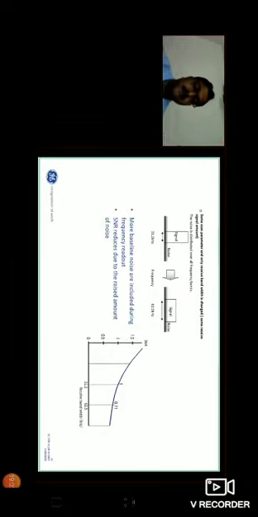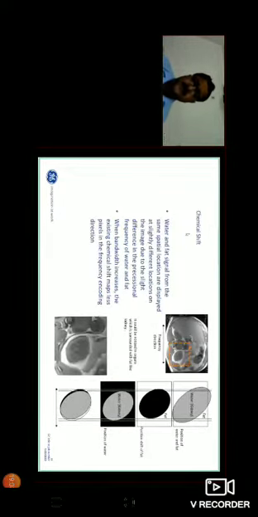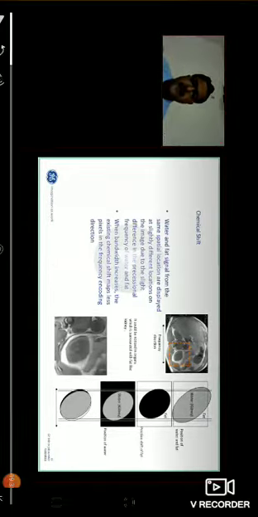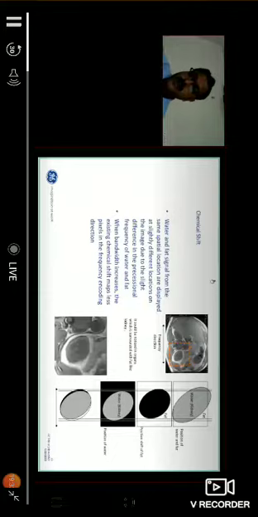So what is a chemical shift artifact? Just assume there are fat and water protons in the same voxel or same anatomical location. We know that fat and water resonate at different frequencies. It is increasing with the magnetic field strength because it is proportional to the Larmor frequency again. So what will happen actually? This is a schematic diagram of kidneys.